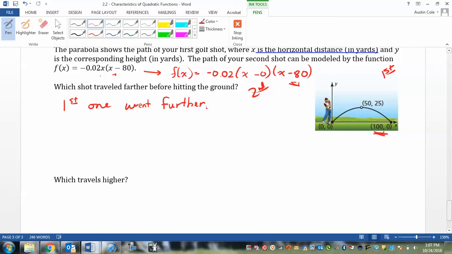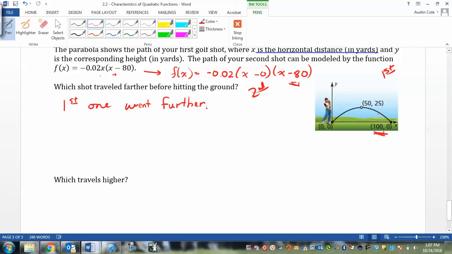At the vertex. Would you agree the maximum height occurs at the vertex of a parabola? It's our maximum or minimum. That's exactly what we just got done doing. So if I find my maximum, or find my vertex, then I can compare the y values to see which one went higher.